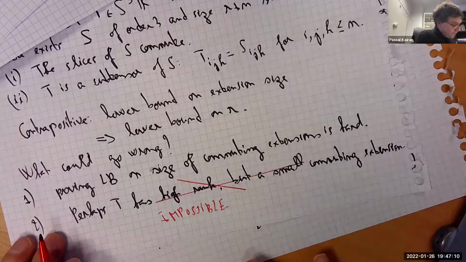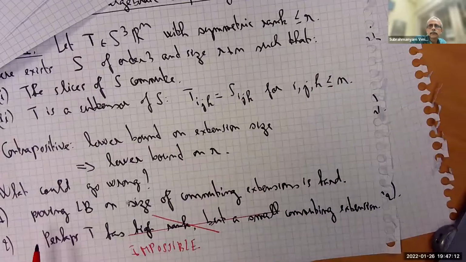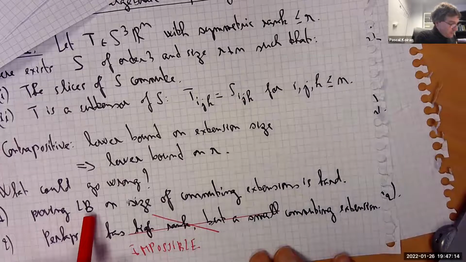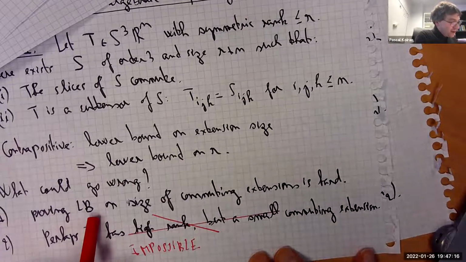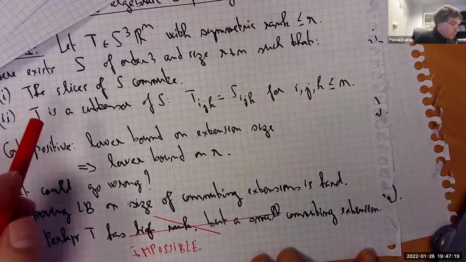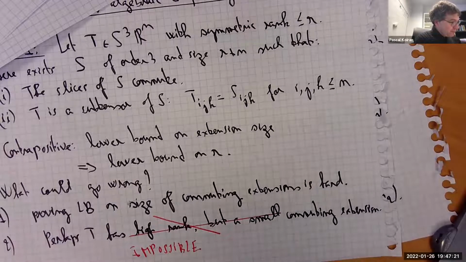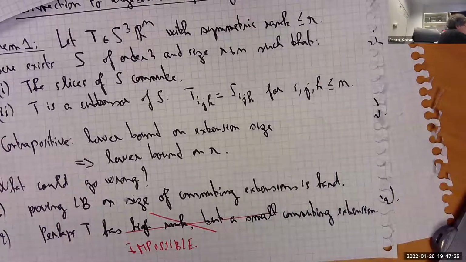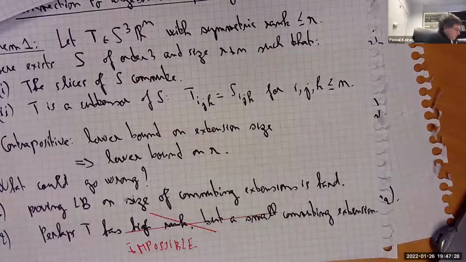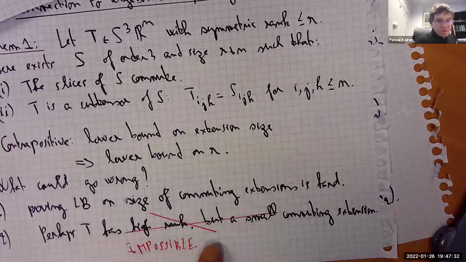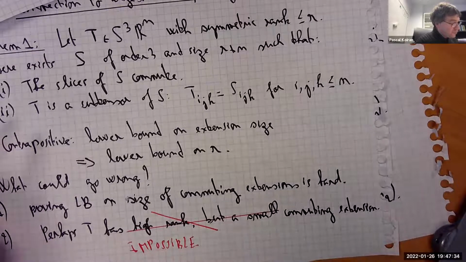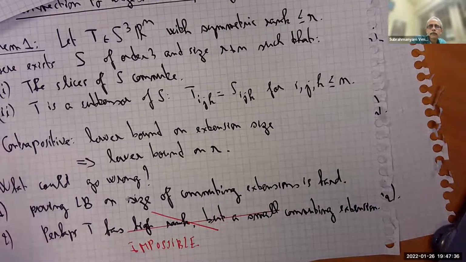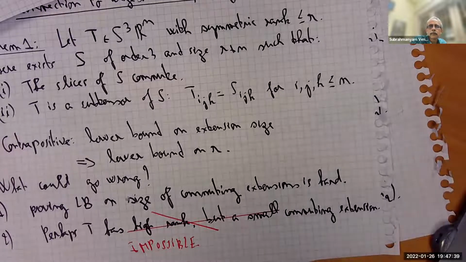So if we manage to find new methods for proving lower bounds on the size of commuting extensions, I can guarantee you that we will have new lower bounds also on tensor rank. And why is that? Why is it that this problem does not occur? Because there is a kind of converse to theorem 1. There is a converse.